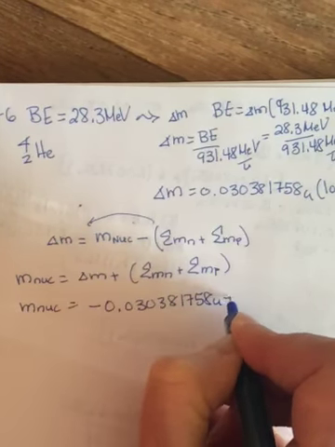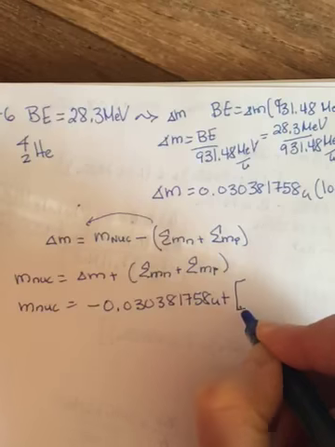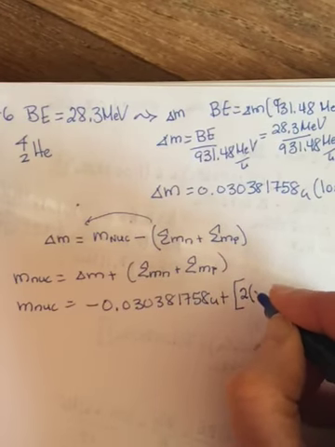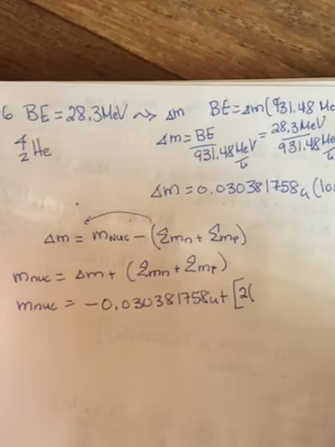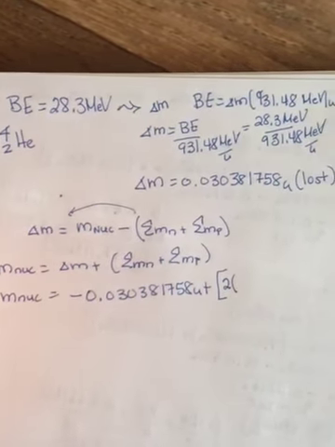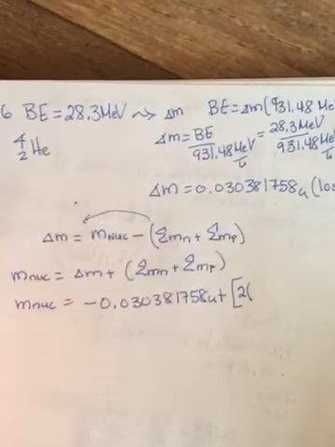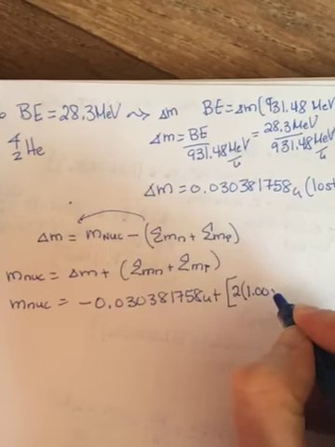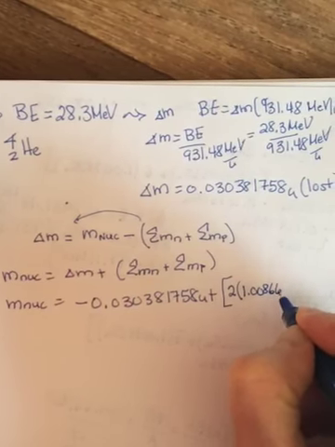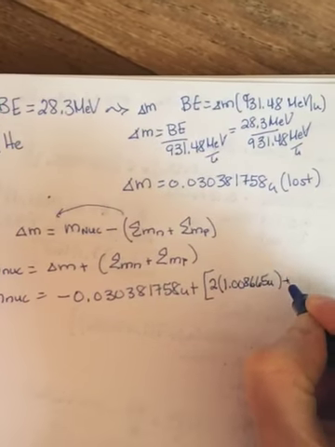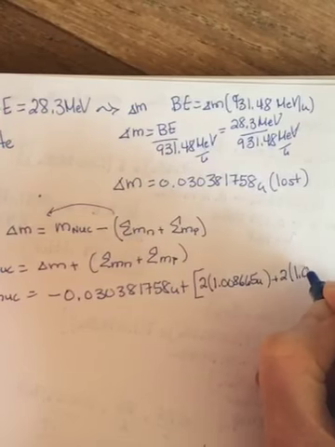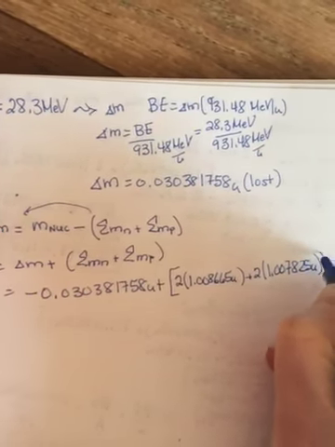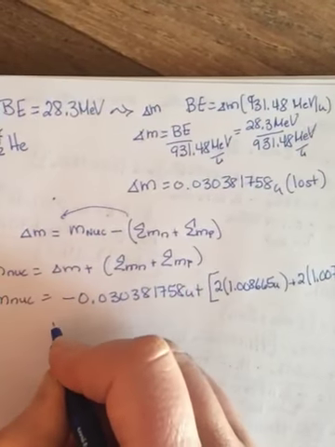0.030381758 U's plus, there are 2 protons and 2 neutrons, so I lost my masses. They were on the back sheet. I should know them by heart by now, but 1.008665 U's, it's always better to be safe, plus 2 times 1.007825 U's. The proton one I do know, it's the neutron one I always want to double check.